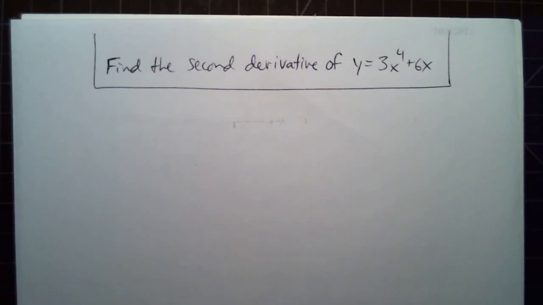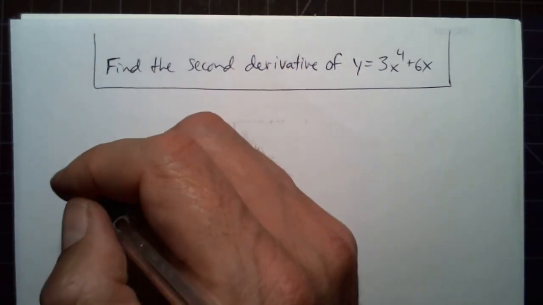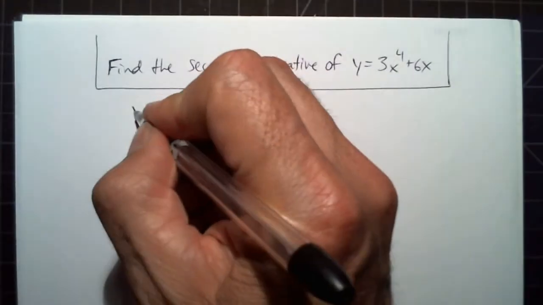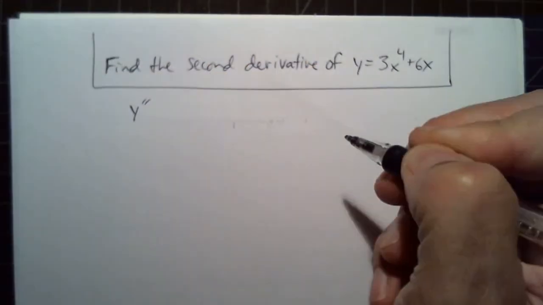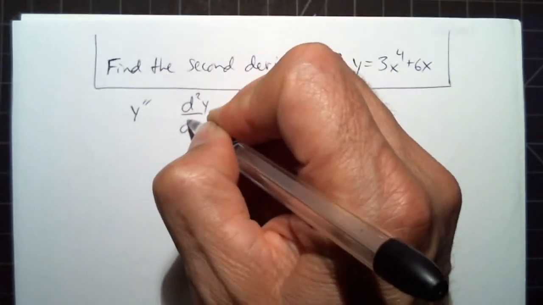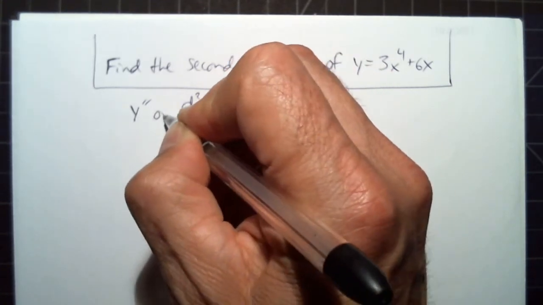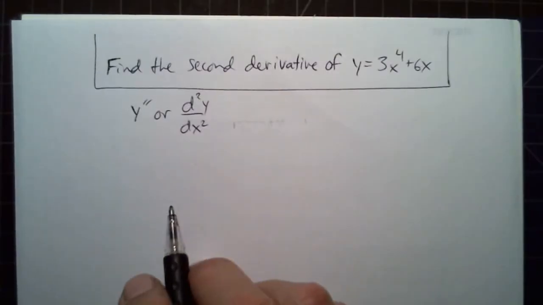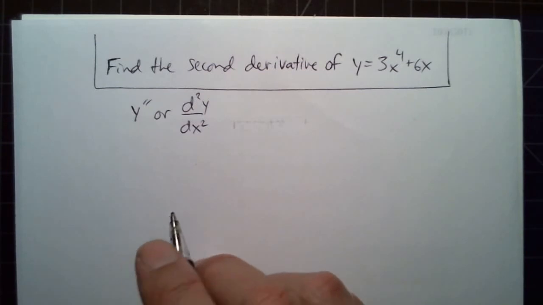And you can just keep going to third, fourth, fifth derivative. Here we have notation for the second derivative is y double prime, or we could say d squared y over dx squared. These are two ways of writing the second derivative.